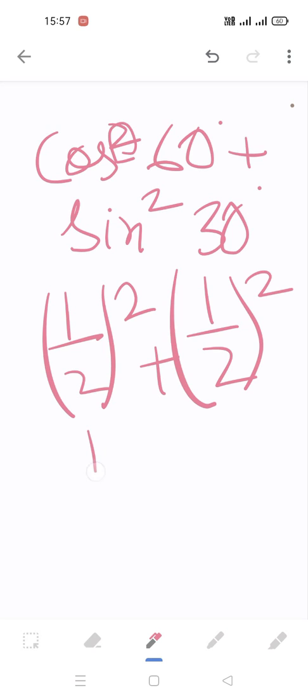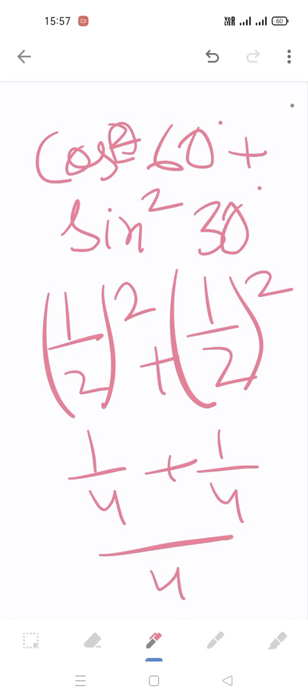Open the square, that is 1/4 plus 1/4. Take the LCM 4, so this will be 4 plus 4 equal to 8 upon 4.